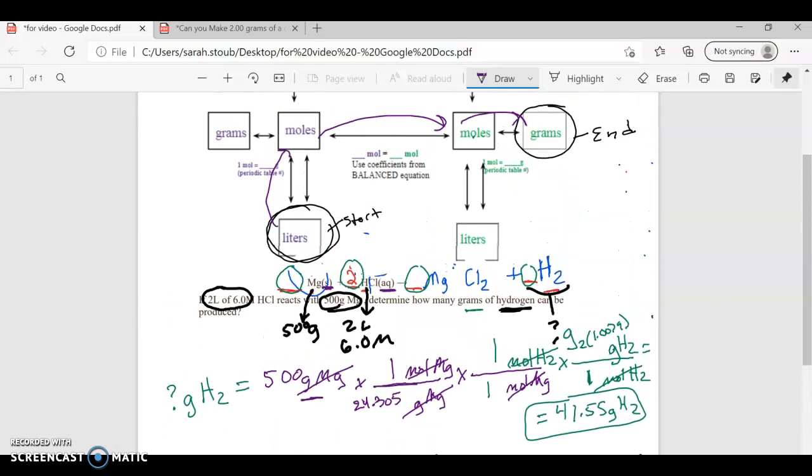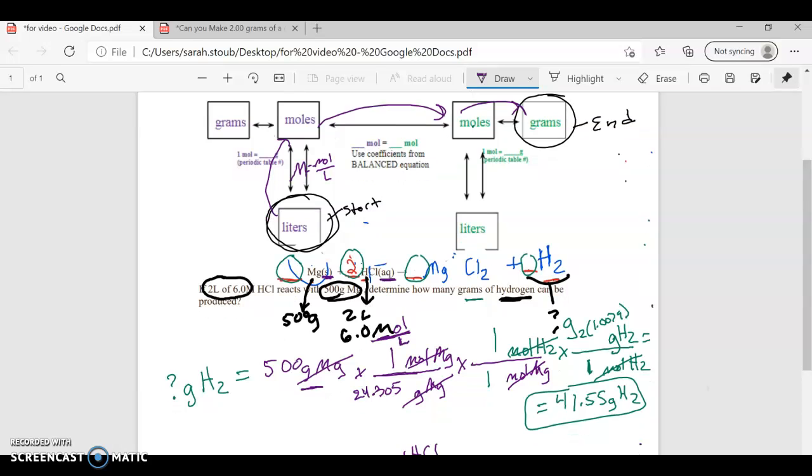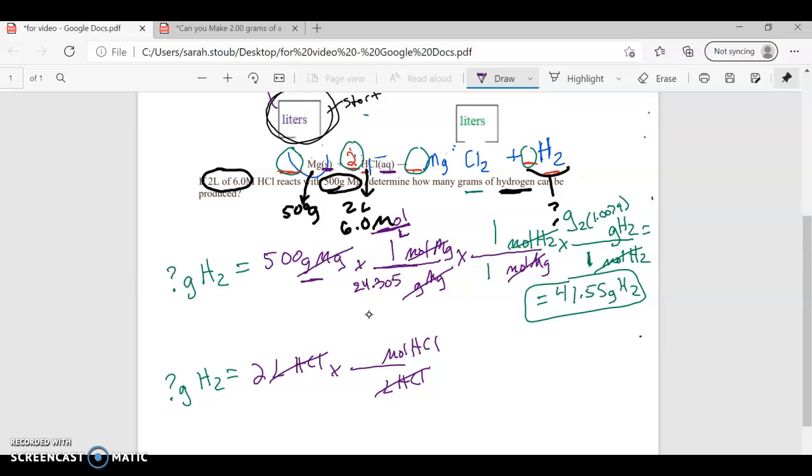And I'm going into moles, and to do that part, that's where I'm going to use molarity, because molarity equals moles per liter. In other words, this big M right here, it's defined as molarity, and molarity by definition means moles per liter. So from that, I know there are 6 moles in 1 liter. That's what this conversion tells me.